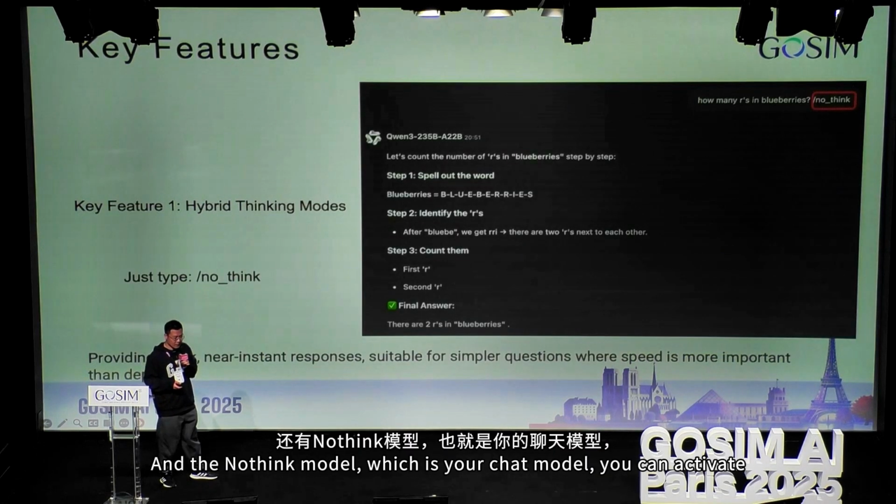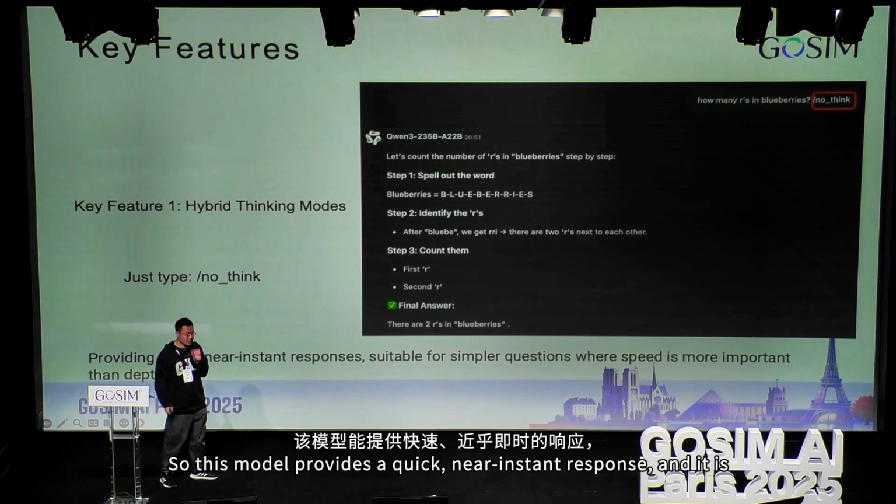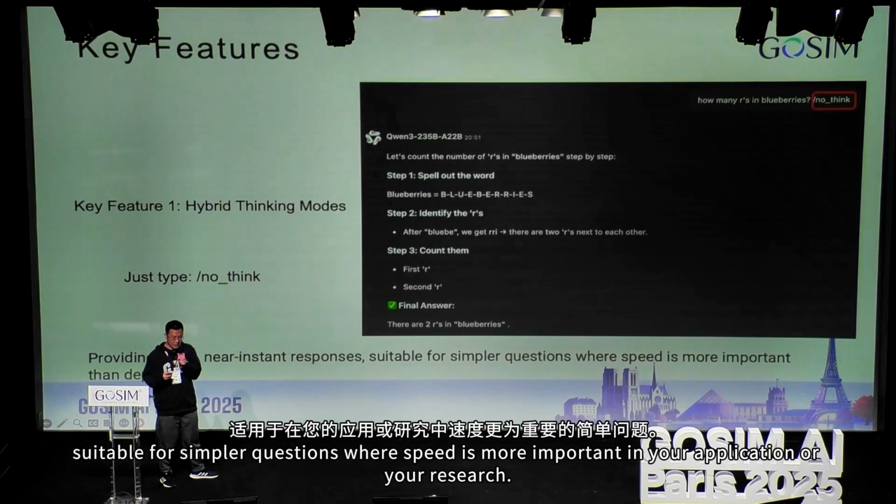And the no-think mode, which works as your chat model, you can activate in a very easy way by just typing no-think at the end of your prompt. This mode provides a quick, near instant response, and it is suitable for simpler questions where speed is more important in your application or your research.